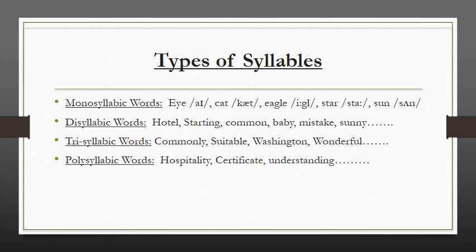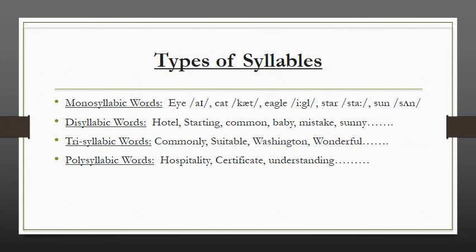Next one is cat. Cat. The first sound k is the onset consonant, central vowel a, and coda consonant t. These three phonemes make up this monosyllabic word cat.